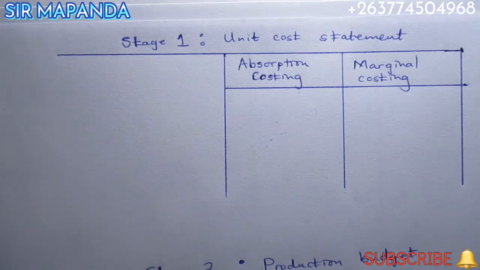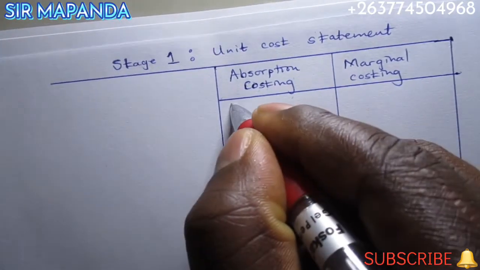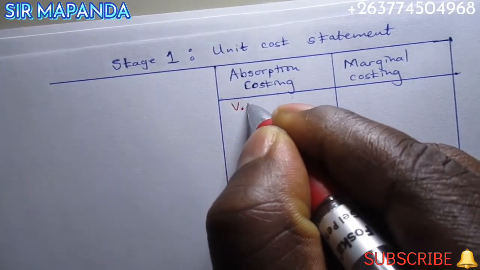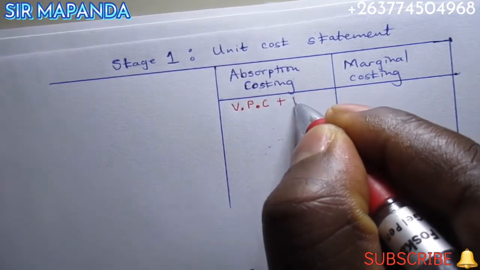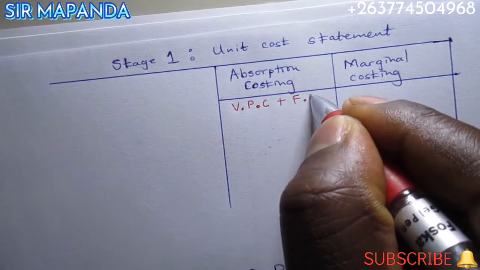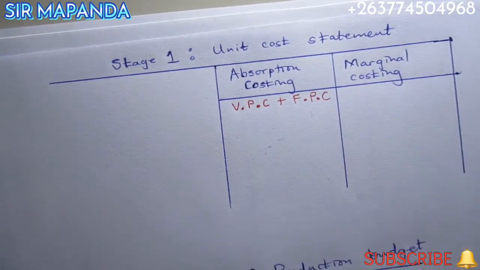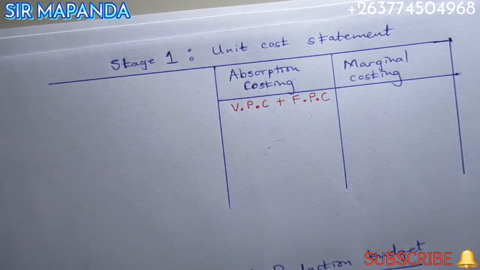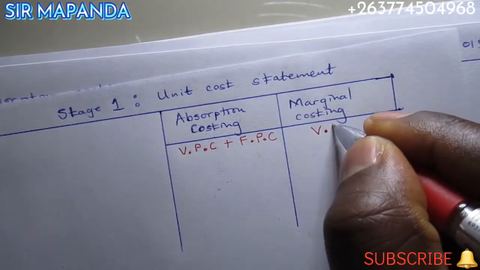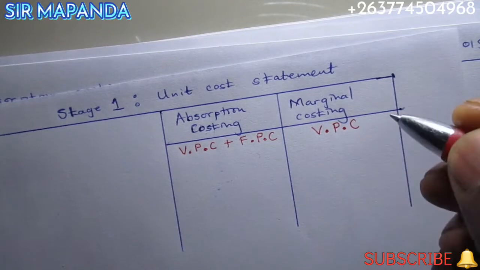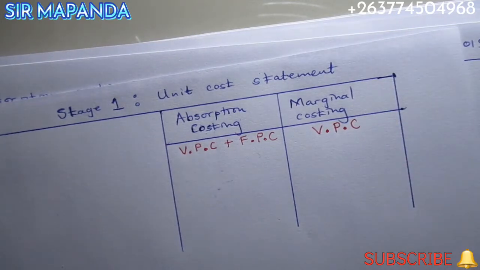So for absorption costing, we make use of variable production costs per unit plus fixed production costs per unit. It includes both variable production costs per unit as well as fixed production costs per unit. However, the marginal costing only takes variable production costs per unit. It excludes the fixed production costs per unit.